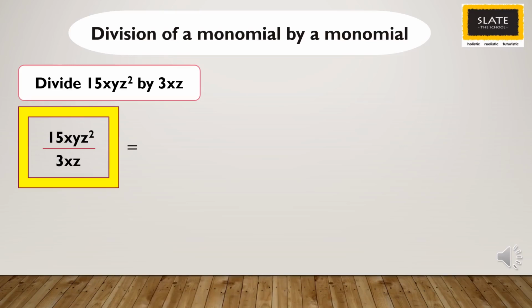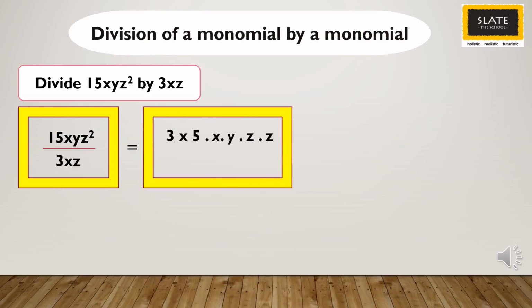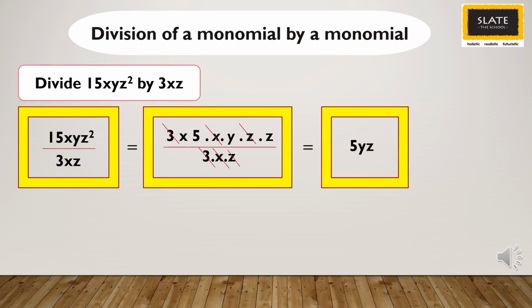Factors of numerator are 3 into 5 into x into y into z into z. And the factors of denominator are 3 into x into z. Now cut the common factors in numerator and denominator. Left out factors are 5 into y into z, which is 5yz.